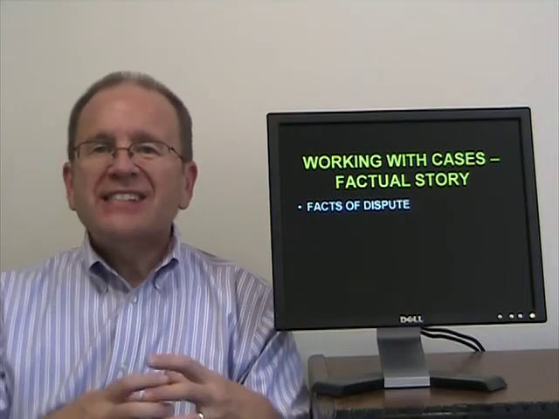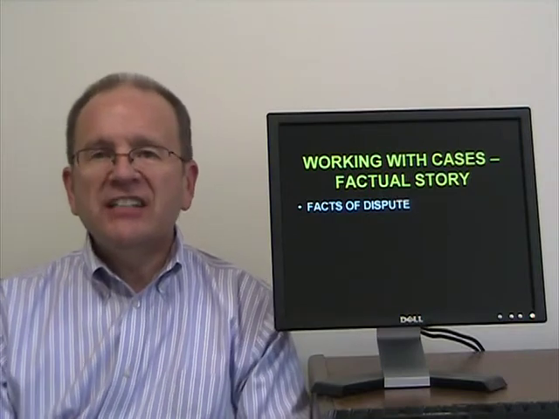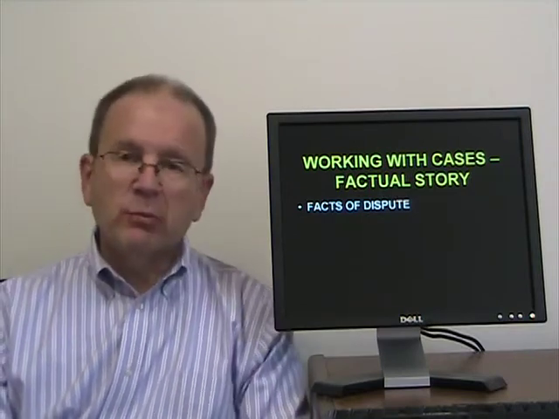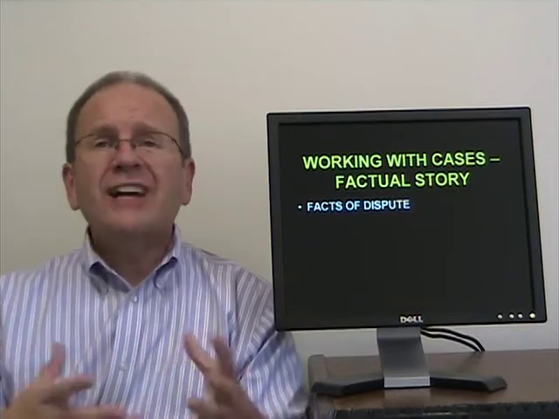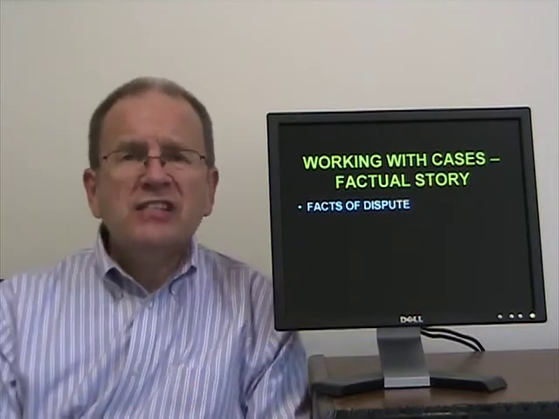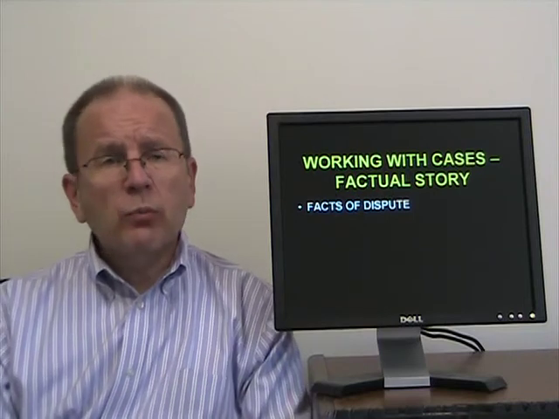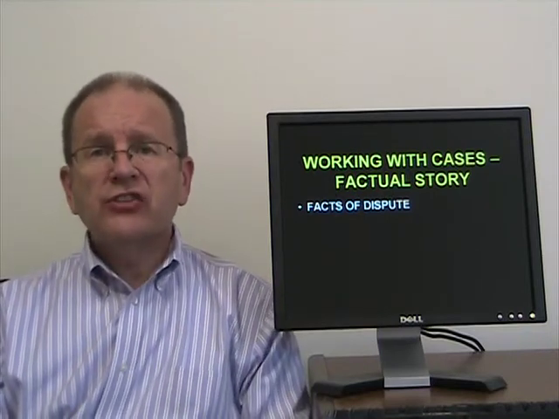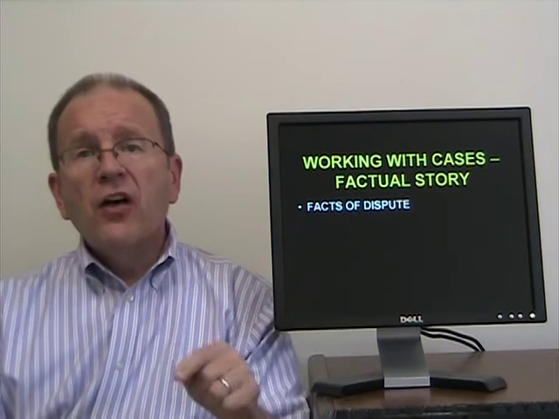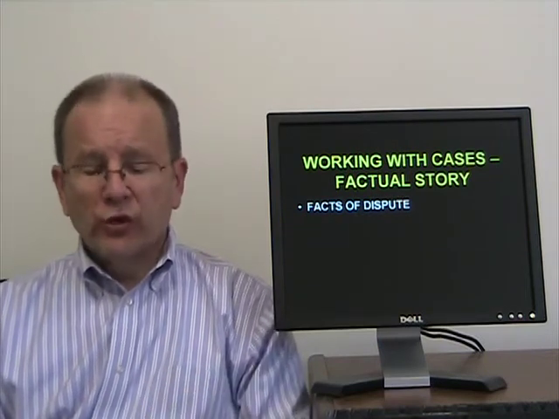What is the plaintiff claiming the defendant did that justifies the relief the plaintiff wants? What is the defendant saying in response? I didn't do that, or, well, I did it, but I also did this other stuff, and therefore my actions were proper. Right? What are the facts of the story that lead to the dispute the court is going to decide?